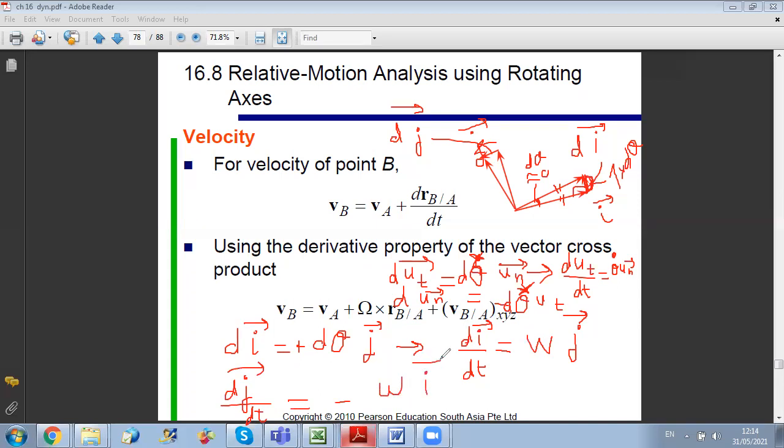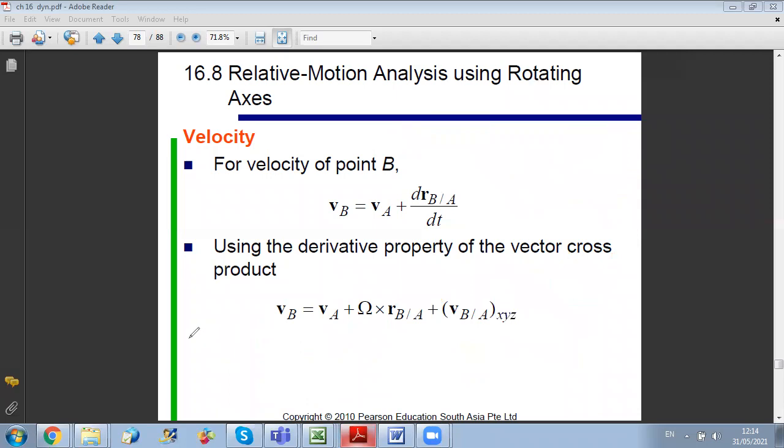So now we replace back dI by dt and dJ by dt in the formula we wrote together. Okay, let us replace that. What did we do together? We found that VB is equal to VA absolute plus V relative, which is the summation of Vx relative along I plus Vy relative along J. So for V relative vector, we have two terms, if you remember.